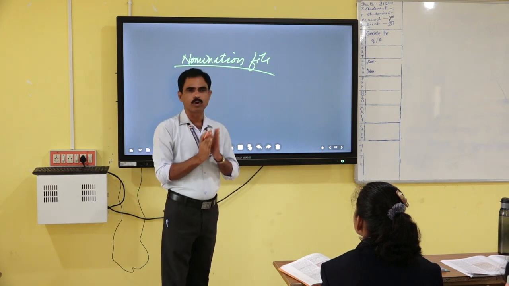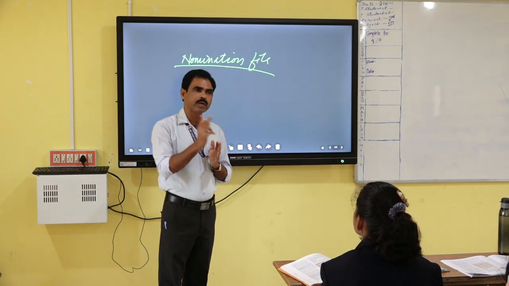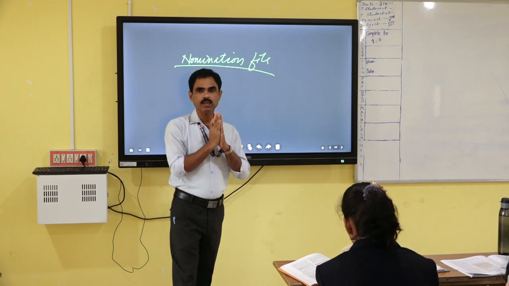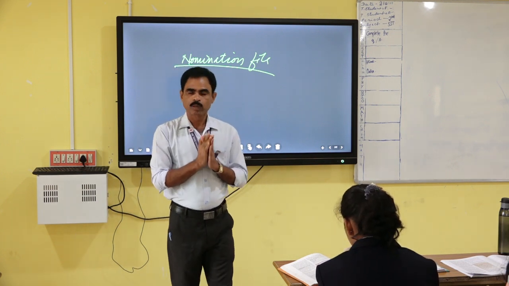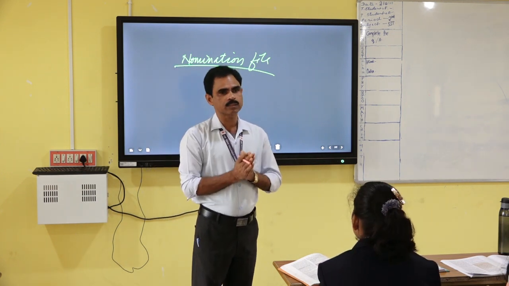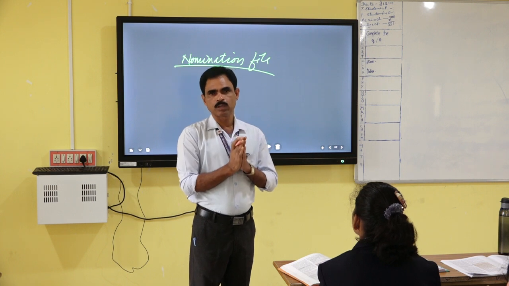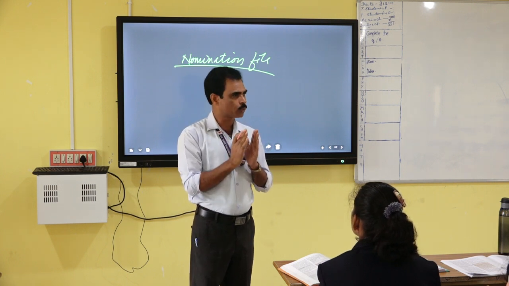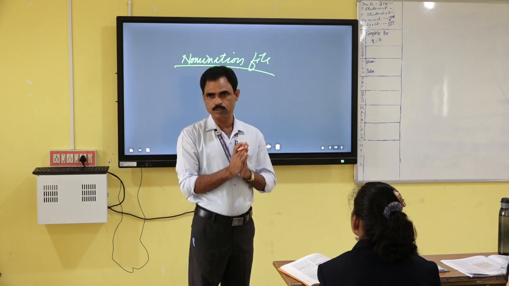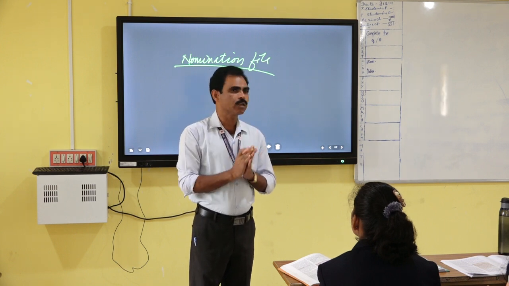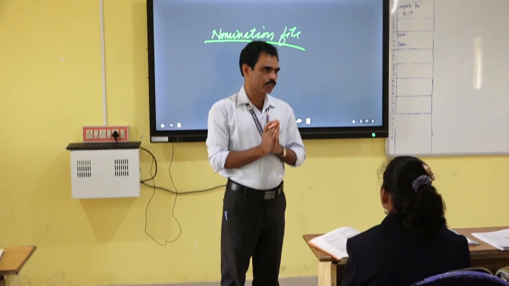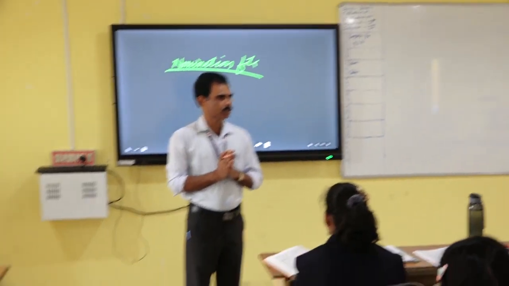Whoever is a voter may be elected as a representative, but the difference is that for a voter the required age is 18 years, and to contest in an election the required age is 25 years. This is the difference. Clear?